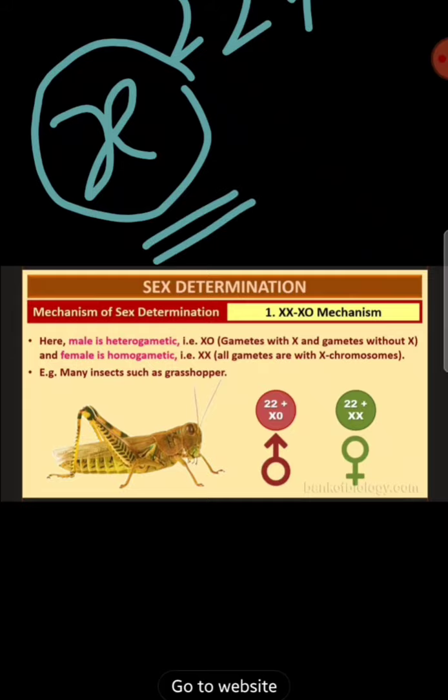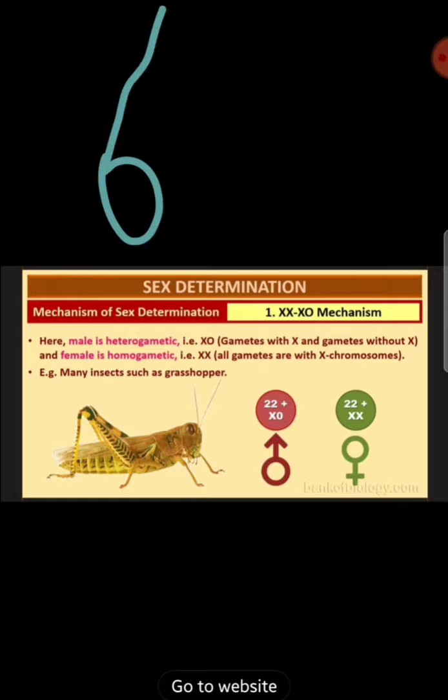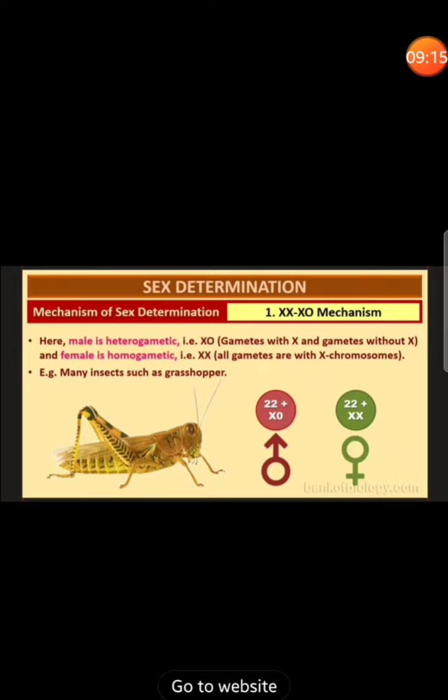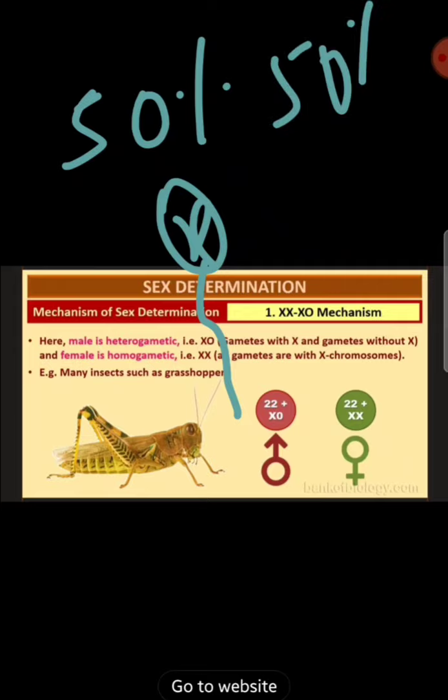So when the gametes form, during gametogenesis in males, which is the formation of sperms that we have already studied, since they have only one X chromosome, 50% of the sperms will get this X chromosome inside their nucleus and the other 50% will not get it.